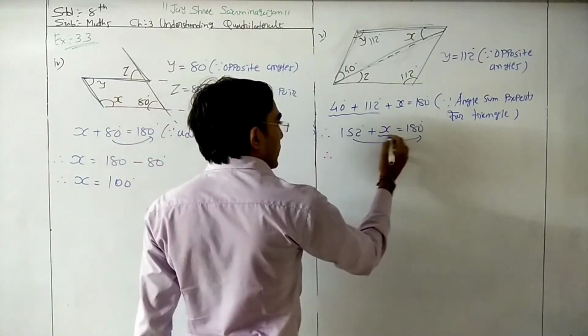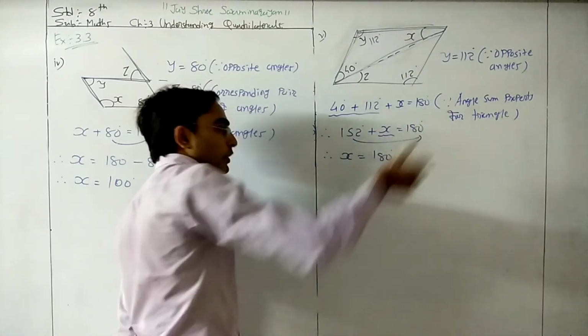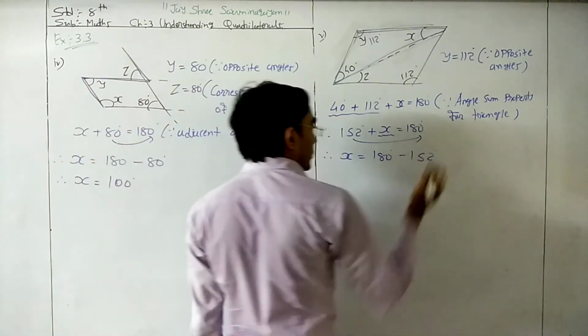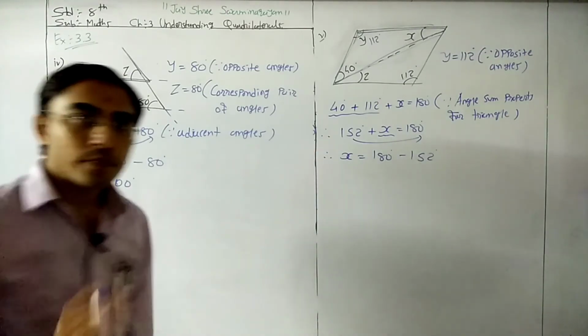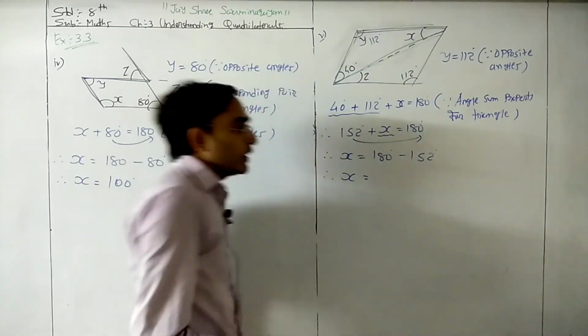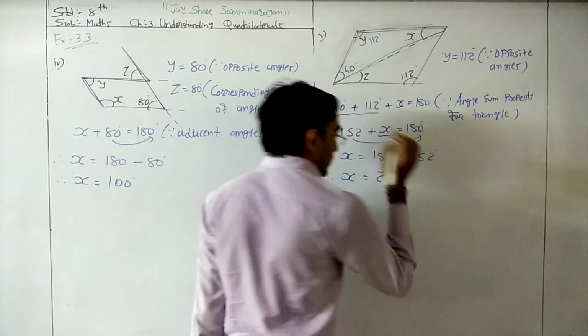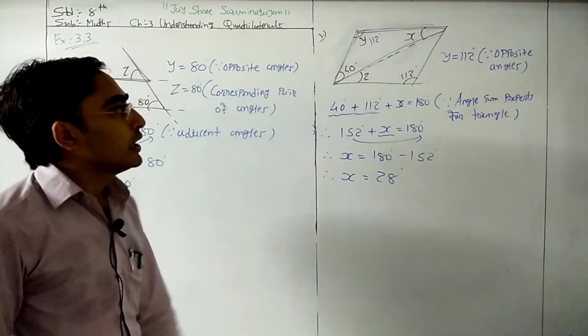So here our x is equal to, here we have 180 degree. If we transfer this 152 to the right hand side, it becomes minus 152 degree. Okay, so from here we can find the value of x. So x is equal to 180 degree minus 152 degree, it's a 28, right? So our x is equal to 28 degree.